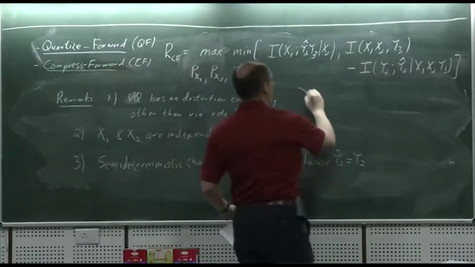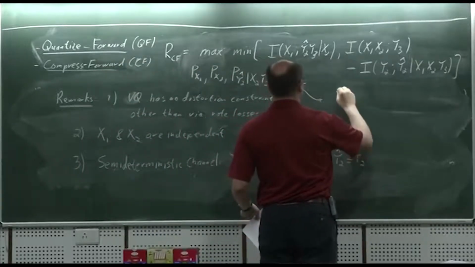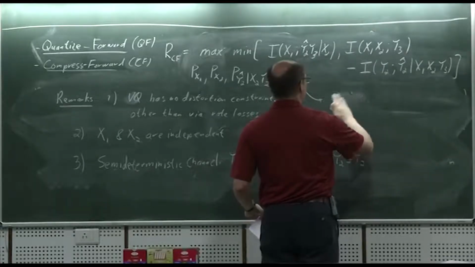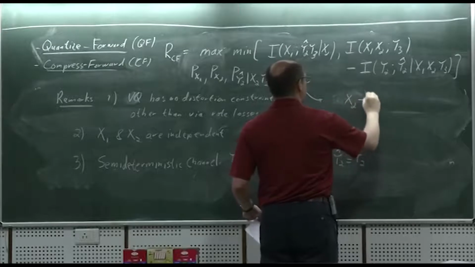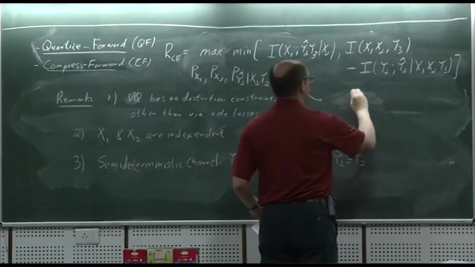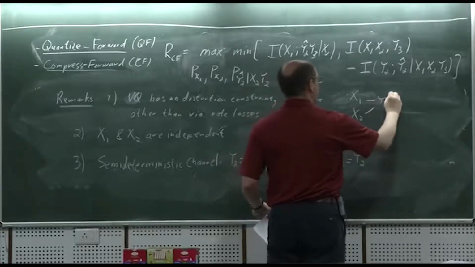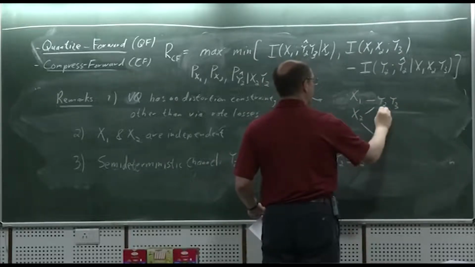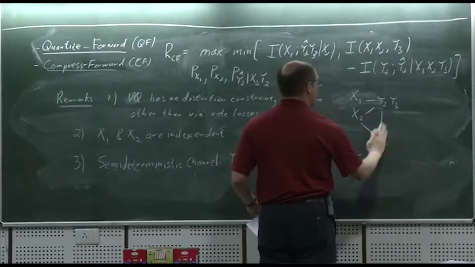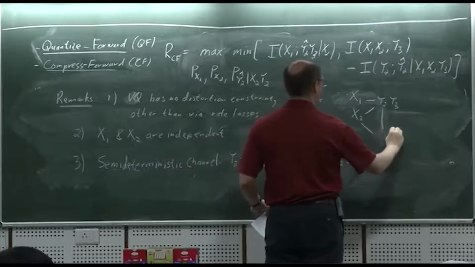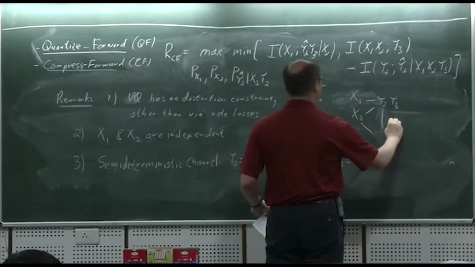So here we do have that x1, x2, well, they're independent actually. So we have x1, x2, y2, y3, and then x2 and y3 produce y2 hat, right?